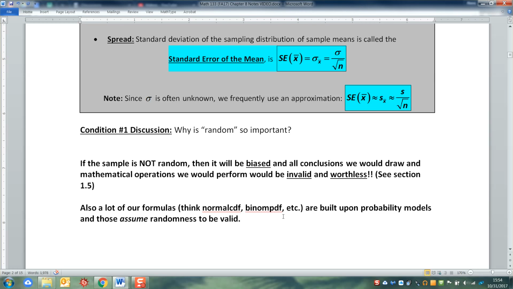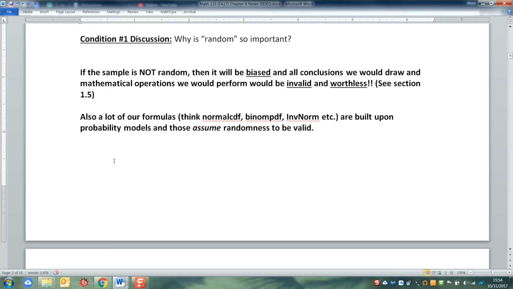So you can't use normal CDF or binom PDF or inverse norm or any of those things if you don't have randomness. So we have to have randomness because probability is the mathematical modeling for randomness. And if you don't have it, then you're in trouble, right? Okay, so that's why condition one is so important.